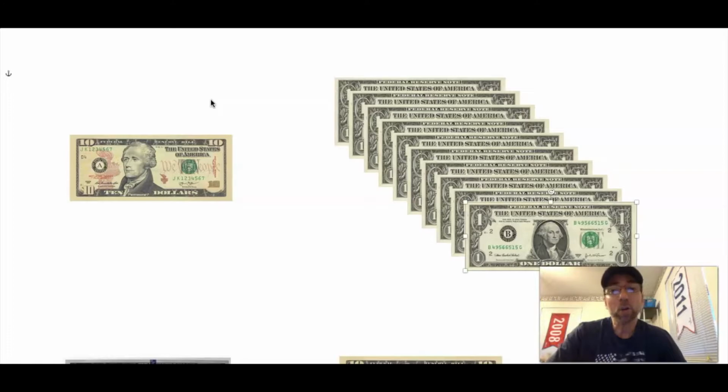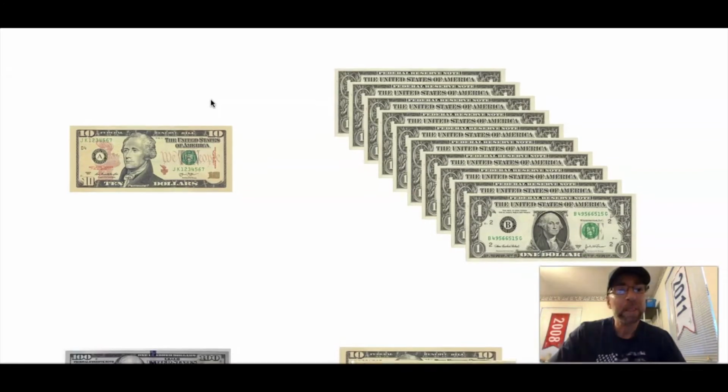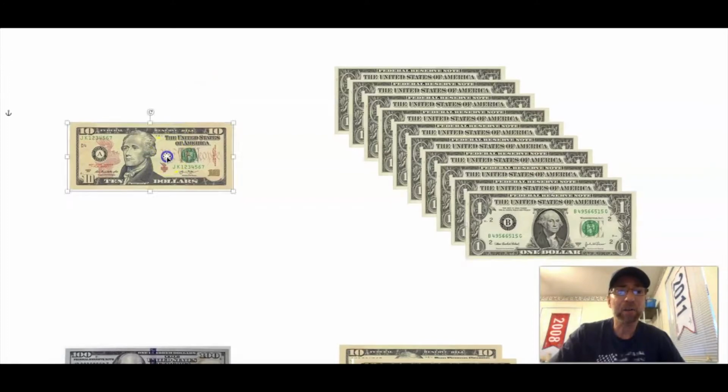Now, just like our longs and cubes, our monies can be equal. Here I have a $10 bill, and a $10 bill is equal to 10 $1 bills. Well, let's make sure.